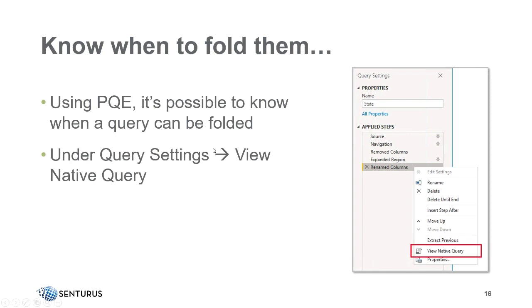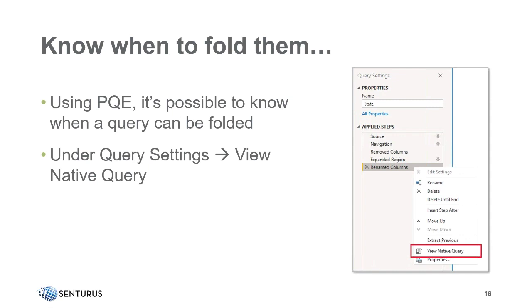Because using Power Query Editor, we're going to know. What we're going to see is when we look at the steps, if we see this, View Native Query, then that means this is being folded.